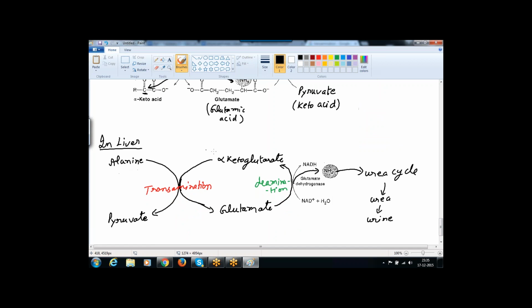So the same thing is repeating. Once alpha ketoglutarate gains it, it becomes glutamate, but now it need not give it to something else. It will just undergo deamination, leave the amino group alone, which will be picked up by the urea cycle. We'll do the urea cycle in detail. It is converted into urea, and then that is passed out in urine. Is that clear? What happens to the amino group?